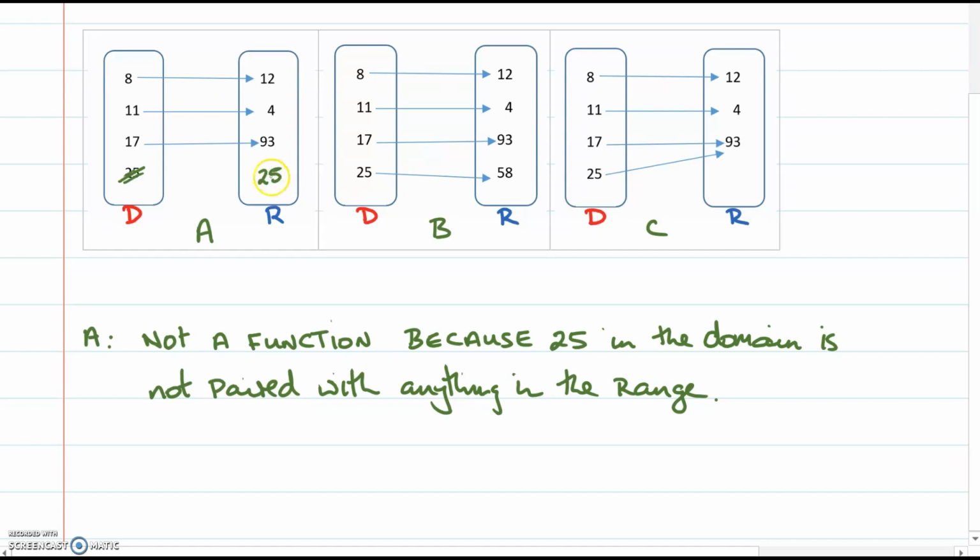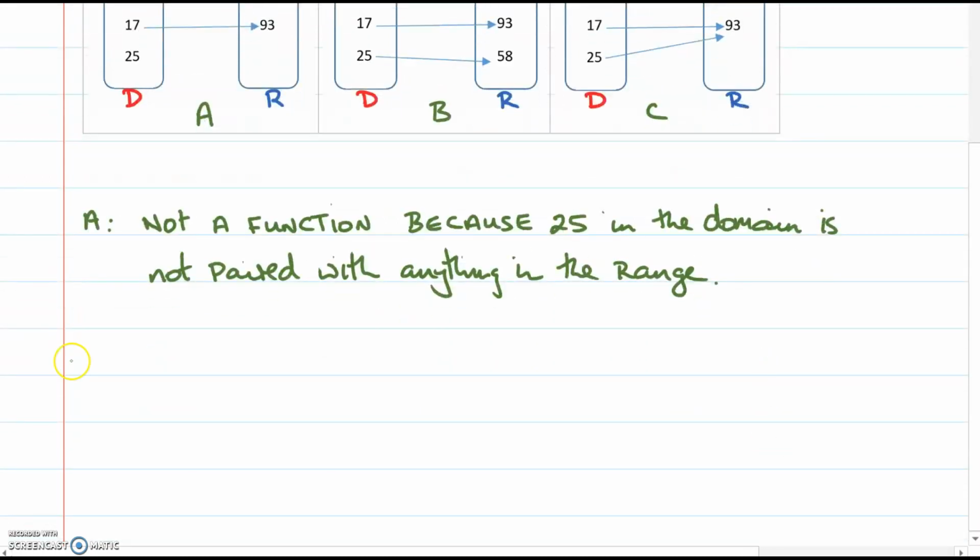It is okay to have a free, unmatched element in the range. That does not stop it being a function. This would still be a function now because you have a single arrow leaving everything in the domain. But since in our case the free element was in the domain, that's not allowed if you're going to describe this as a function. So in A, we don't have a function.